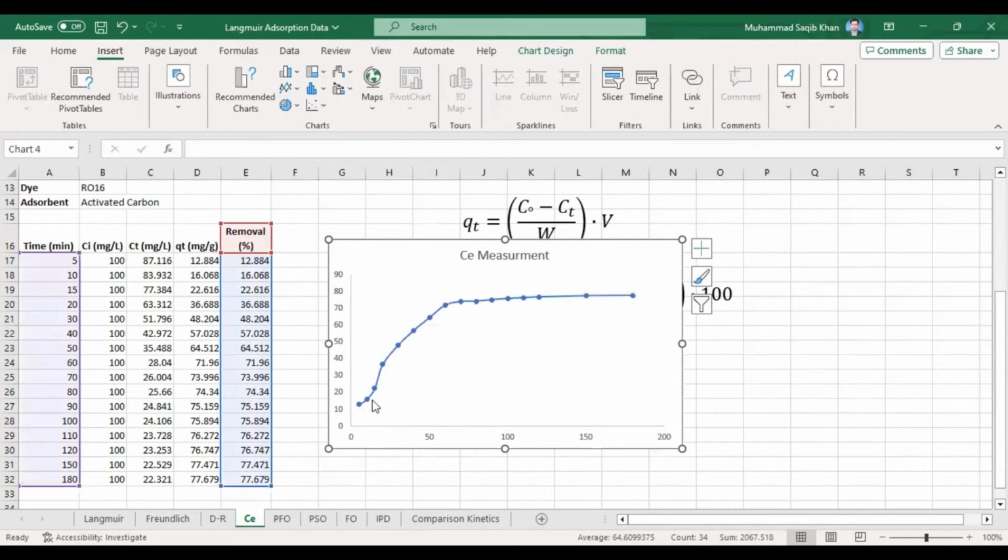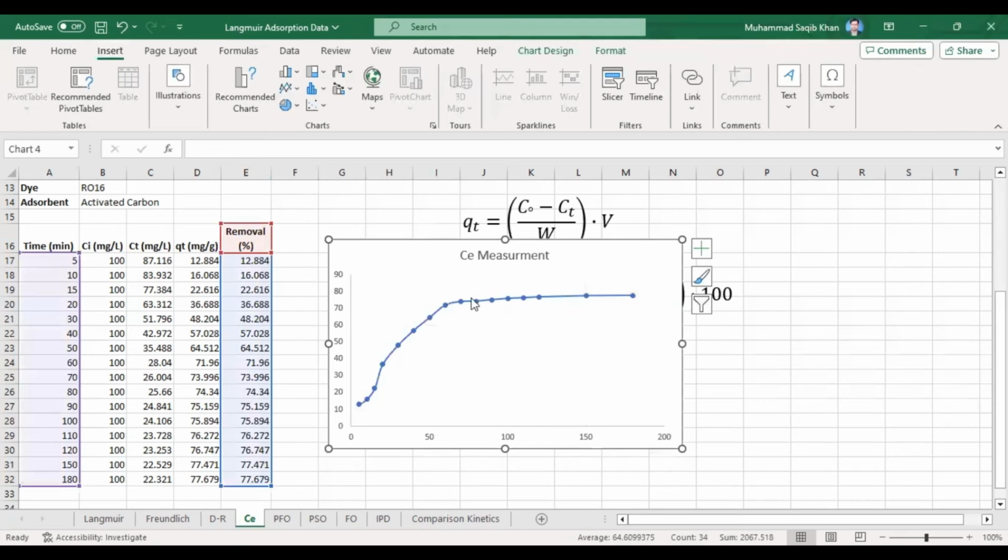Now you can see that with the time lapse, the removal was increased. This means that there is more adsorption. But over here you can see that after 60 minutes, these lines straighten.